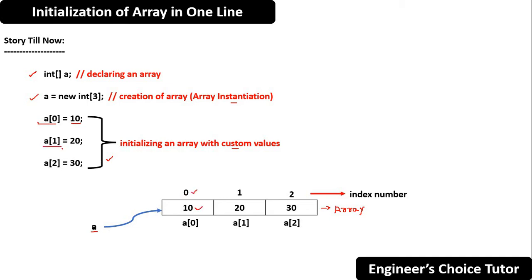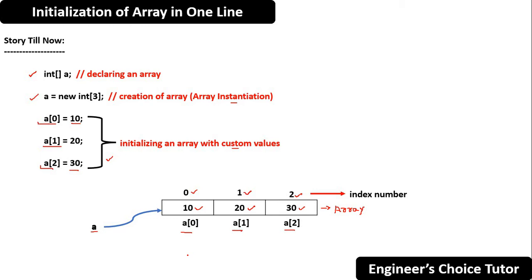A of 1 is equal to 20, it means at first index the value is 20. A of 2 is equal to 30, it means at second index the value is 30. Is it clear? A of 2, A of 1, A of 0. This we have already discussed. Fine, so this is the story till now.